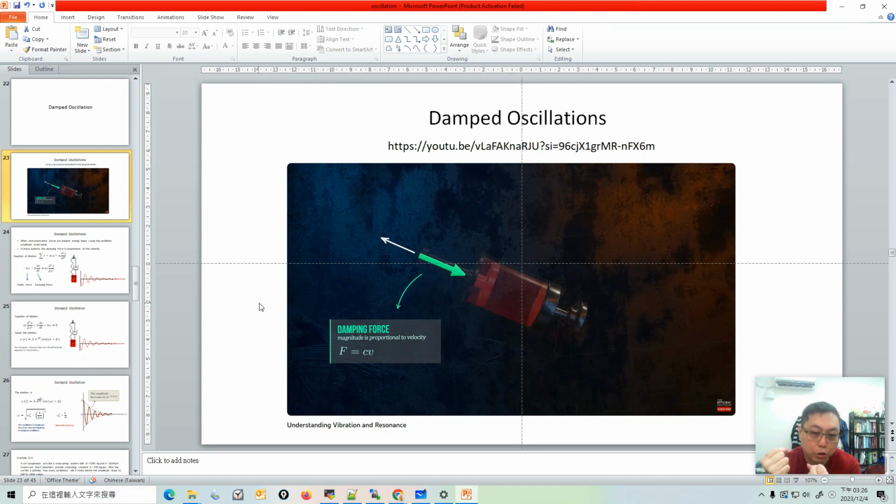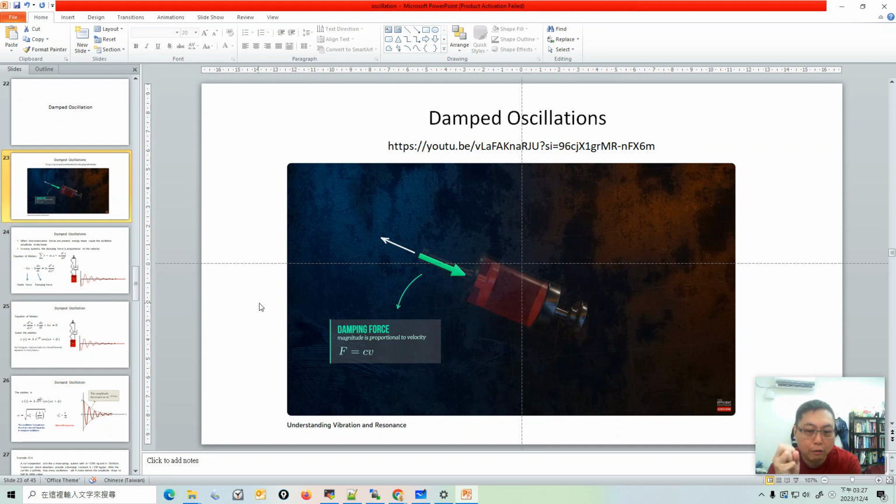Or if you have an object in a fluid and the fluid passes through this object, the object will feel some resistance. Suppose you have an object moving in the fluid.